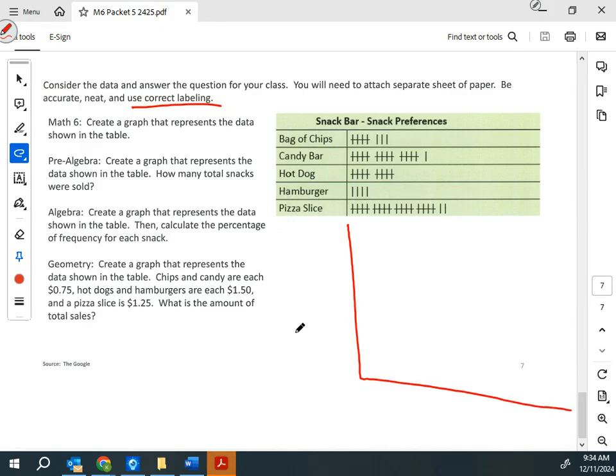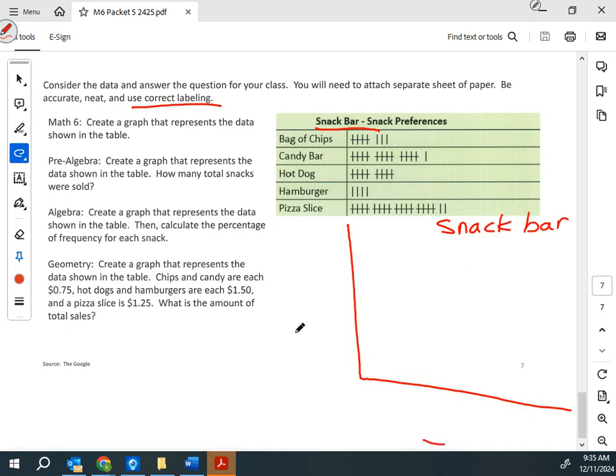I don't know if there is a back side. Is there? Yep, you could do it on the back side. I've had some people do it on a separate sheet of paper. Some people did it on graph paper, and just staple it on to your packet if you're doing it on a different page. We need to remember our title, snack bar.